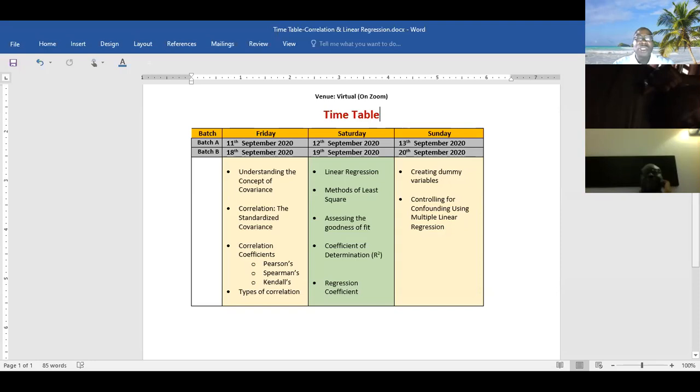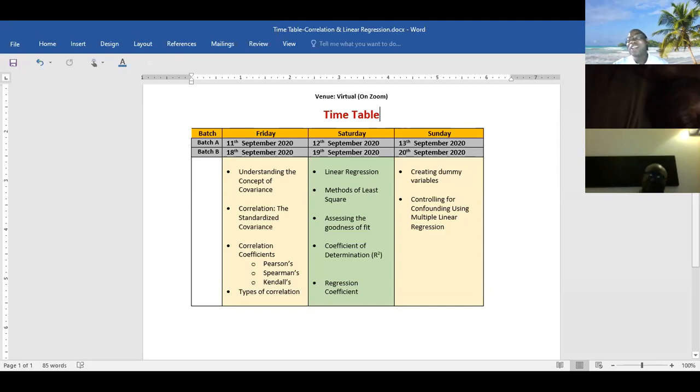Then the following day, tomorrow, we'll look at linear regression, its origin, and the method of least squares, because that's the logic behind it, and assessing the goodness of fit after using least squares to plot the regression line. How do we assess it?